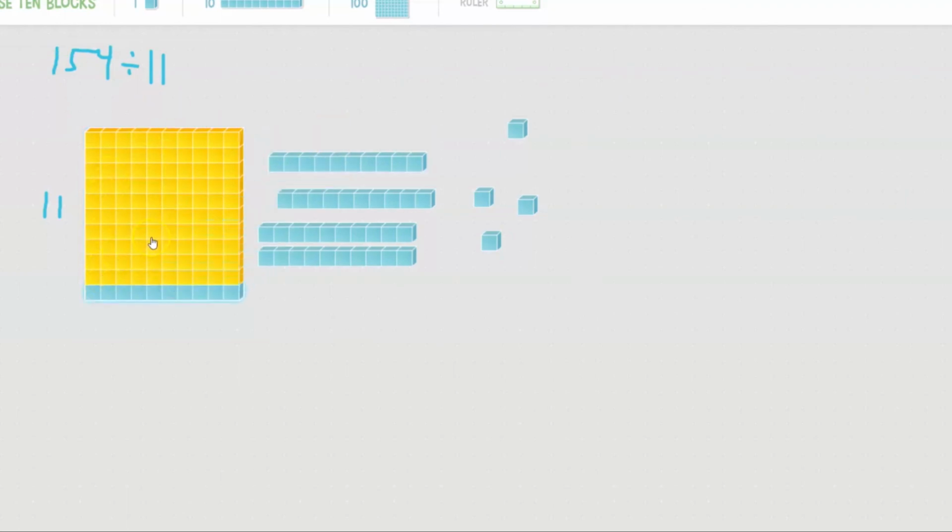All right, so there we go. And now I have a side length of 11. If I can make the rest into an array, then that will give me my answer.